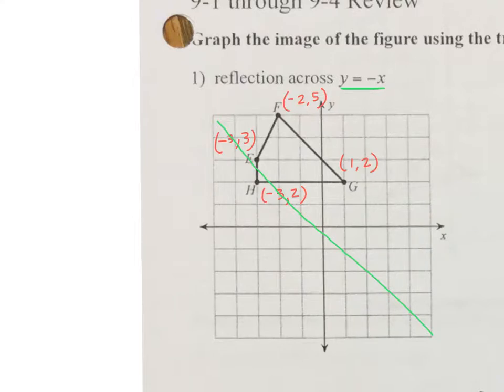So that's the line we're flipping across. To flip across a diagonal line that's negative, there are two steps. You will switch your coordinates and change the sign of the y.